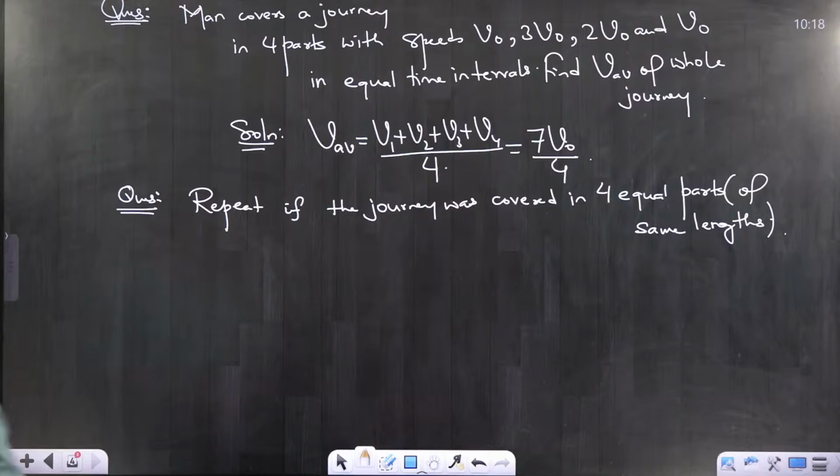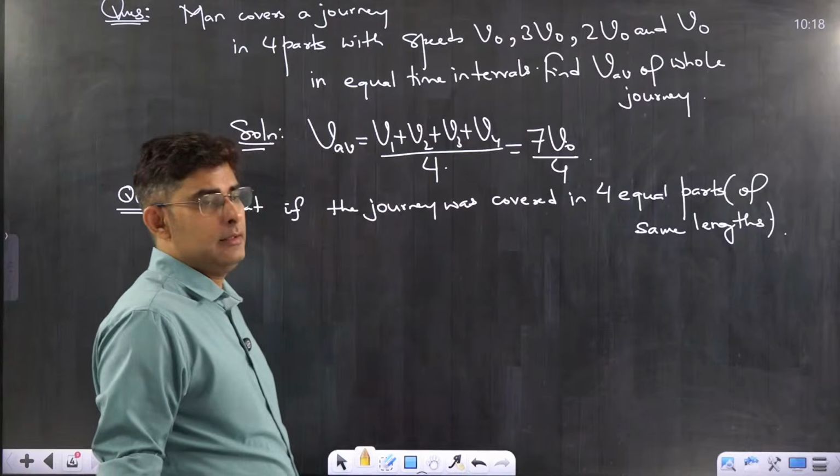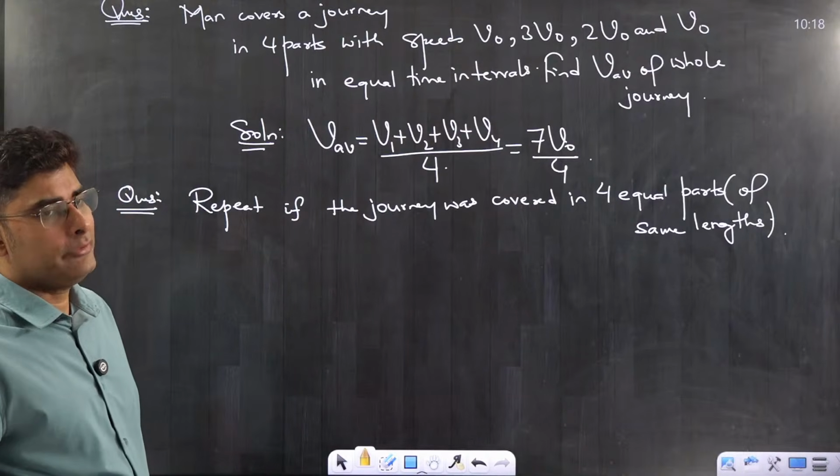So if I have to find the average speed, there are 4 equal parts of the same length instead of time.